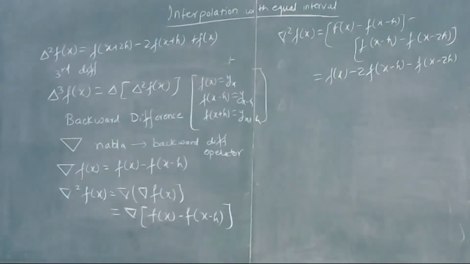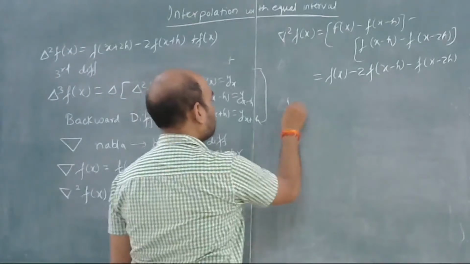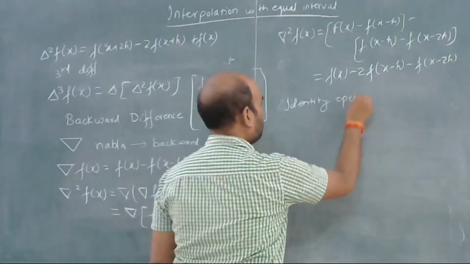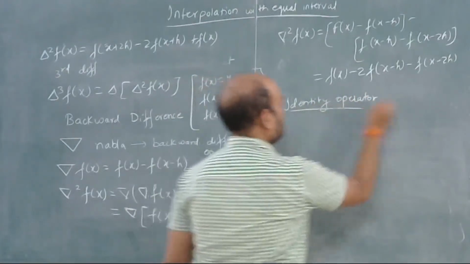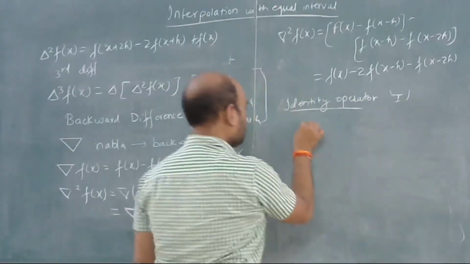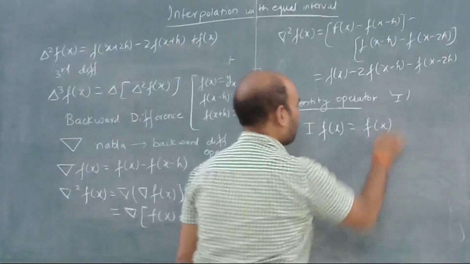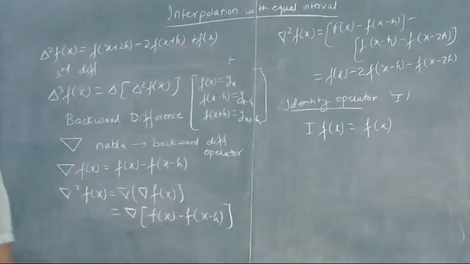This is your backward operator. Now there is another operator, the identity operator, denoted by I. So I f of x will give f of x. This will be the same.